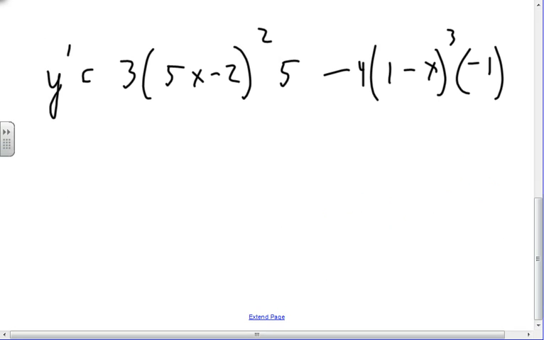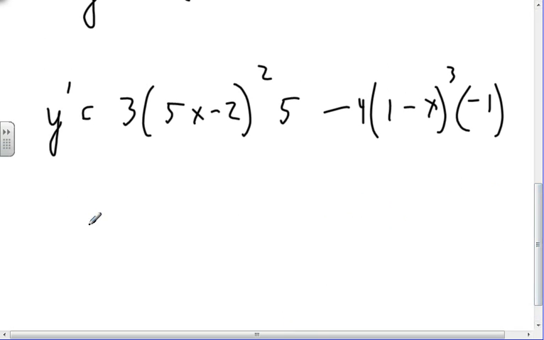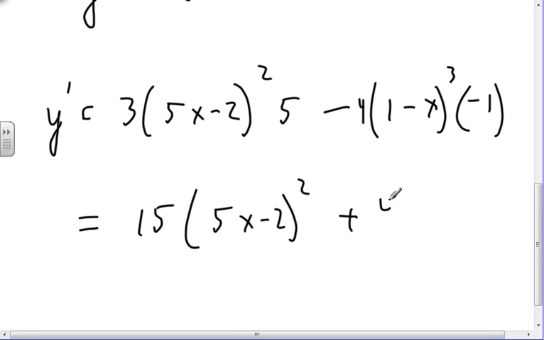And at that point I'd probably rewrite that because I'm that type of person: 15 (5x minus 2) squared plus 4 (1 minus x) cubed. Okay, good enough. Moving on to section 2.1, number 10.